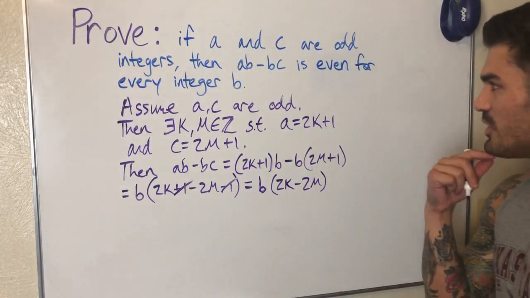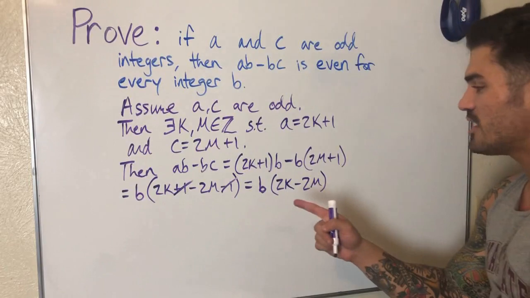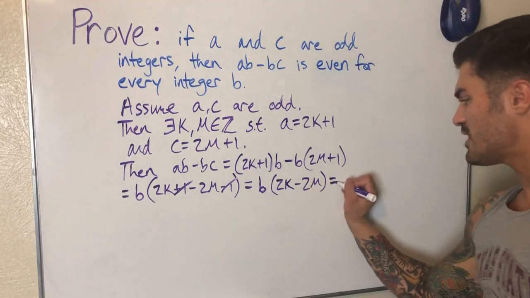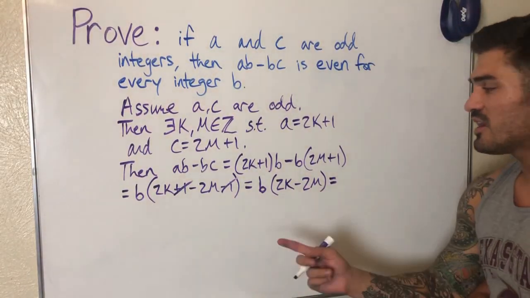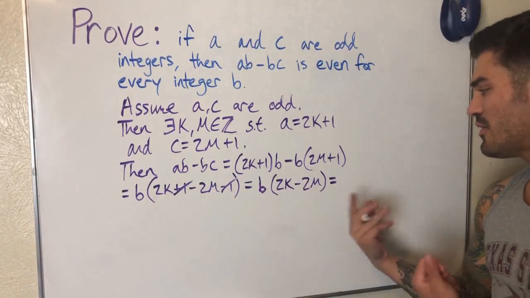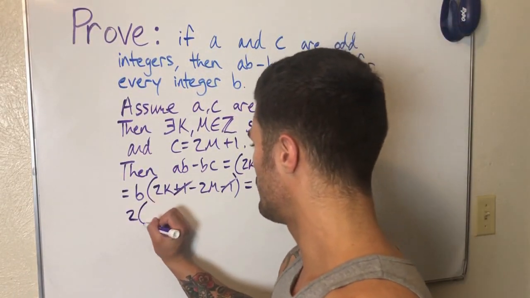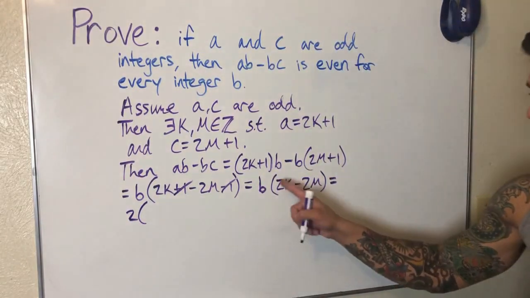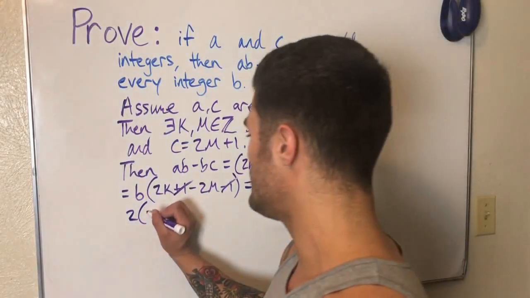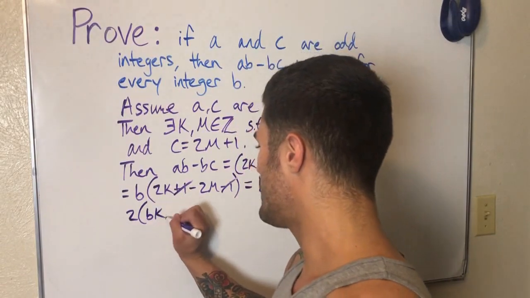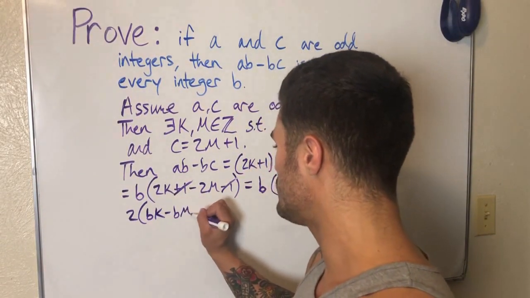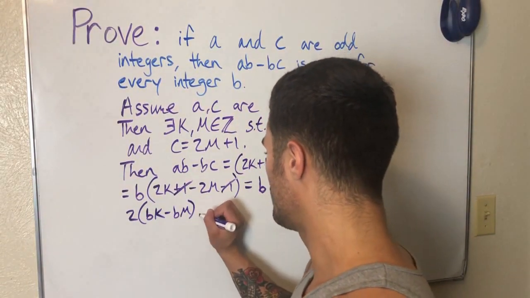And I think I could actually write this as 2 times an integer because I can factor out the 2 and I can put the b back in if I want. So this equals 2 times, if I bring the 2 out and bring the b back in, I have bk minus bm. bk minus bm, which is 2 times an integer.